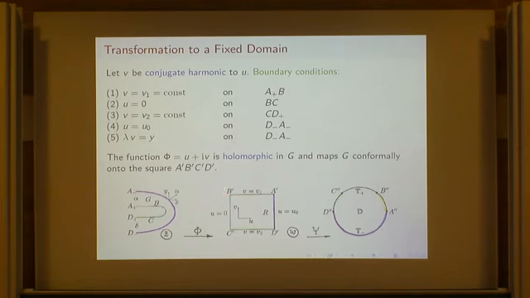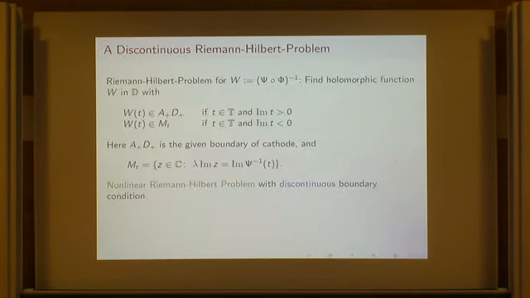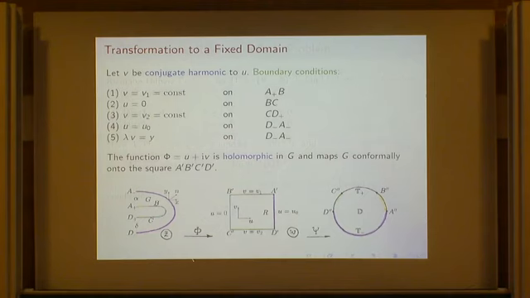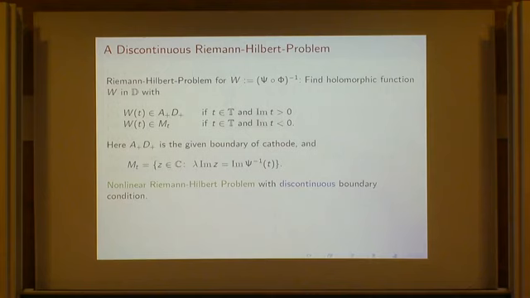So we have known boundary conditions on all four sides of this rectangle, but we do not know this conformal mapping, and we can map it further to lead our setting of Riemann-Hilbert problems to the unit disk. The essential thing is that these four conditions are satisfied on this rectangle. One condition here is left. This is an additional condition which we get.